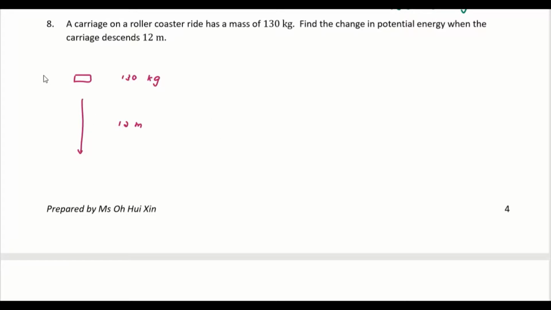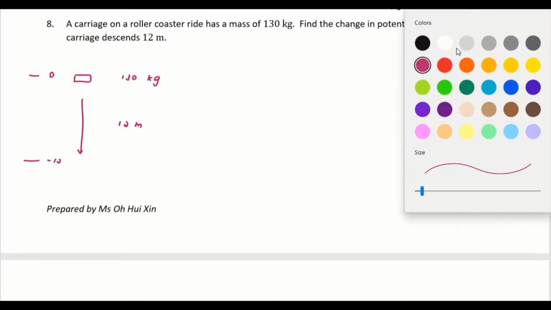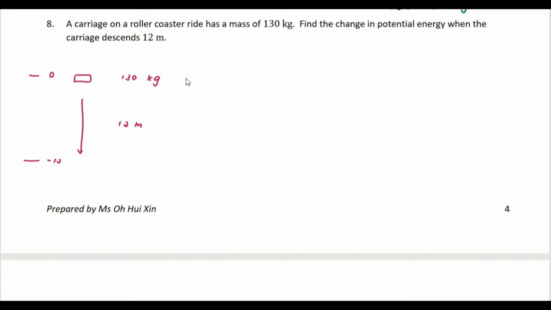Let me write down two approaches. The first one is you take this to be your 0, then this place is your negative 12. The other approach is this place is your 12 and this place is your 0. You're just going to get the same answer, so don't worry about that.